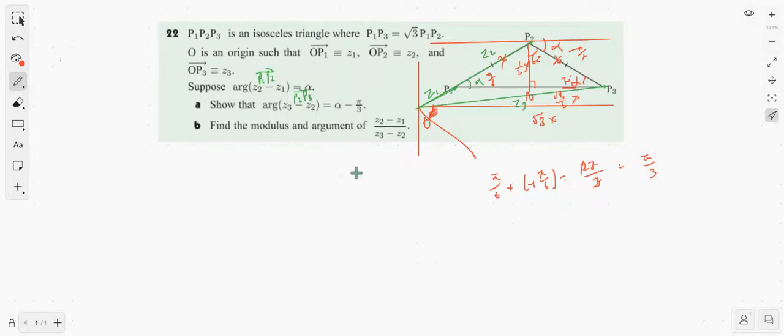So if you subtract pi over 3 from alpha, you get the argument of P2P3, or Z3 minus Z2.